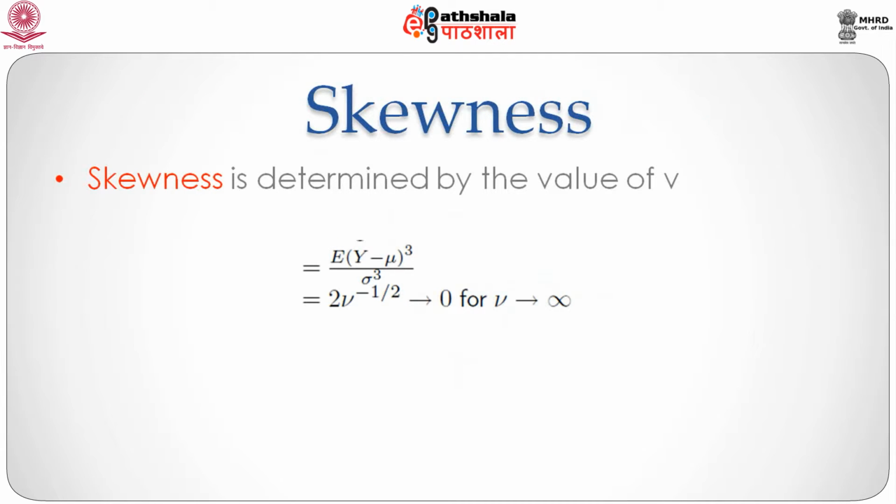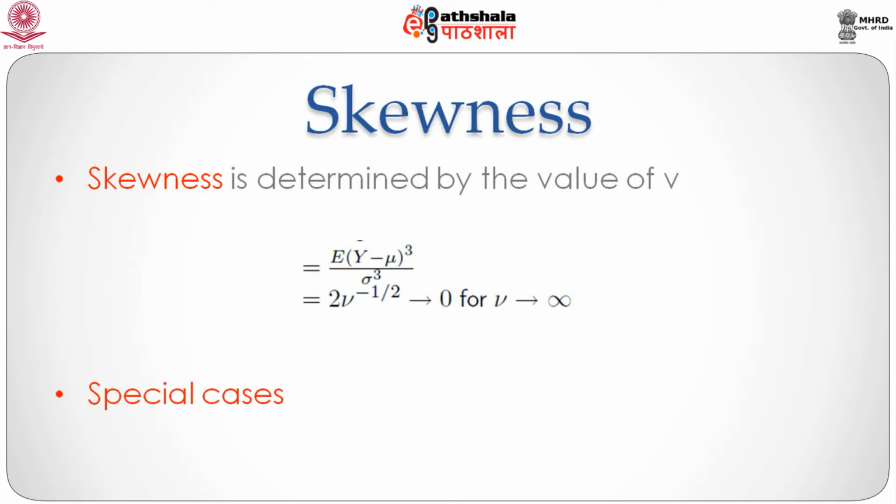The skewness is measured by expectation of y minus mu cubed by sigma cubed, which for the gamma distribution turns out to be 2 nu to the power minus half and tends to 0 as nu tends to infinity.